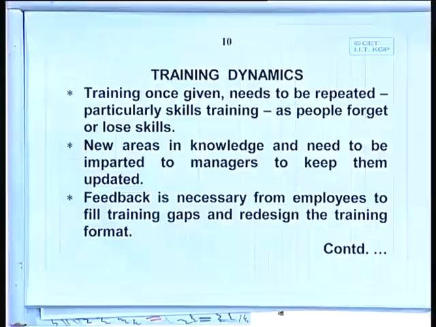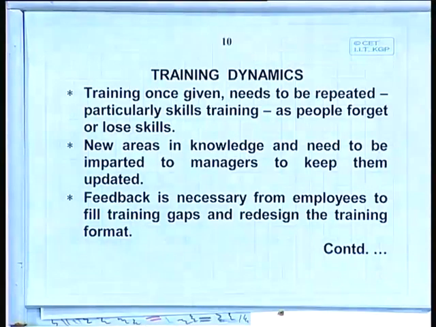So, there is a frequency. Particularly skills training, as people forget or lose skills. Fire extinguisher, you lose the skill how to operate it. When there is a fire, there is an emergency, people are running around and you get to a fire extinguisher and you are in panic, you do not know how to operate it. That is why, and it happens all the time. So, you have to keep on repeated training.